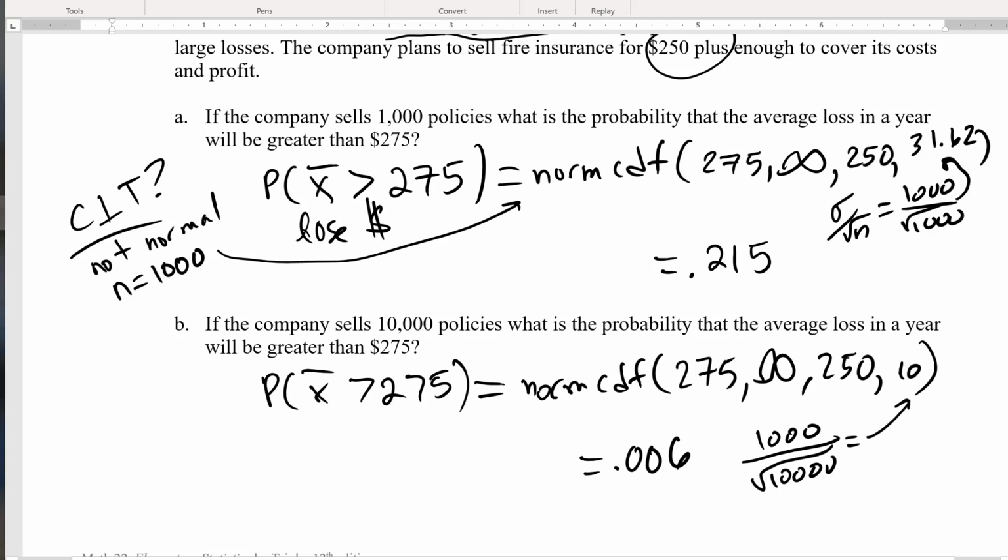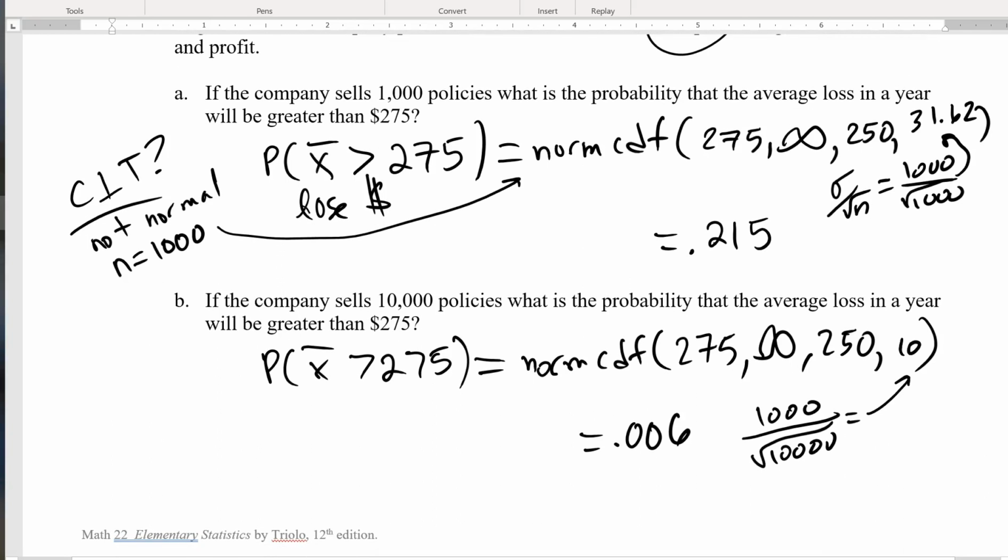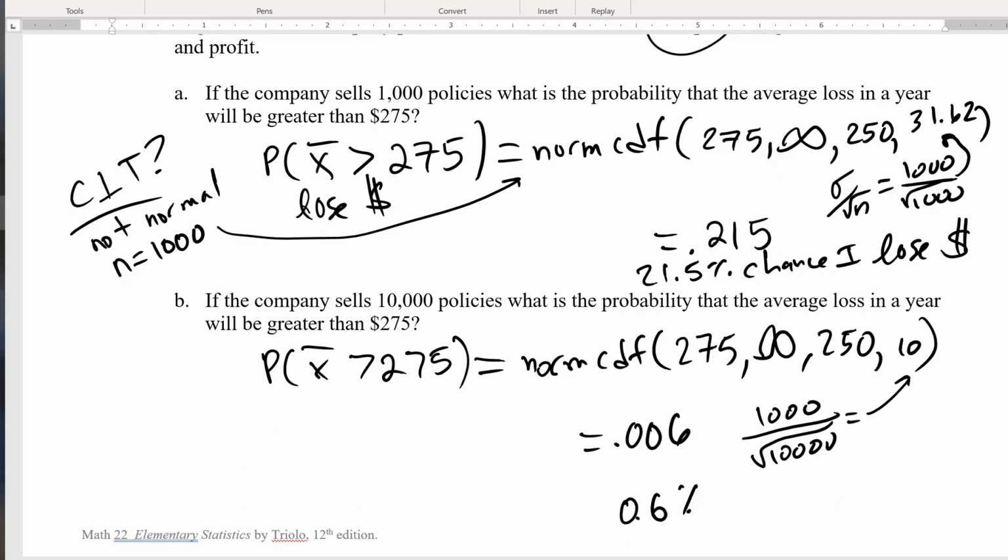This is the power of statistics right here. Okay? Over here there was a 21.5% chance I lose money. Down here there is a 0.6% chance I lose money. Right? What the heck happened?